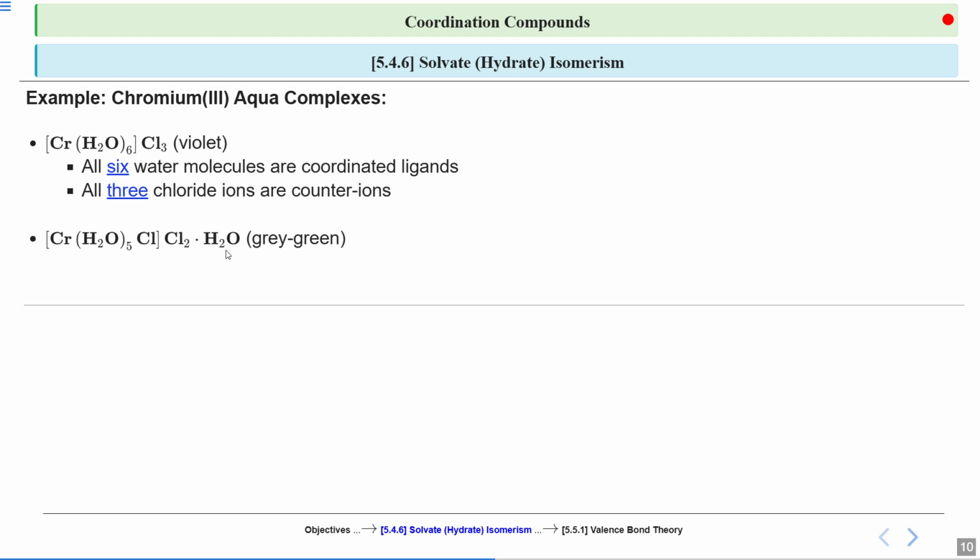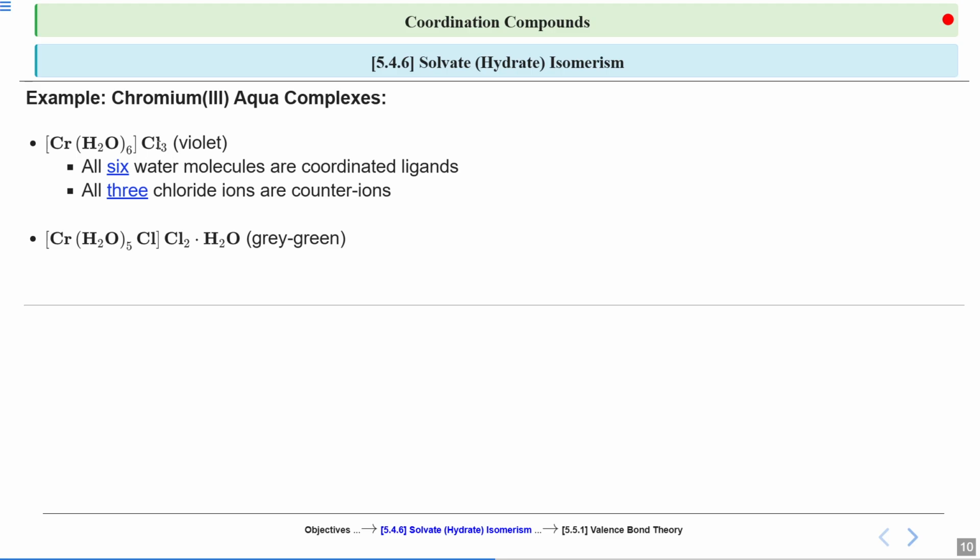What is the difference? If you observe the second complex, the central metal is the same, chromium. Now one of the water ligands is replaced or swapped by one chloride counter ion, right? So here the chloride counter ions decreased from 3 to 2, and the water molecules decreased from 6 to 5, because one water molecule swapped its place with one chloride counter ion.